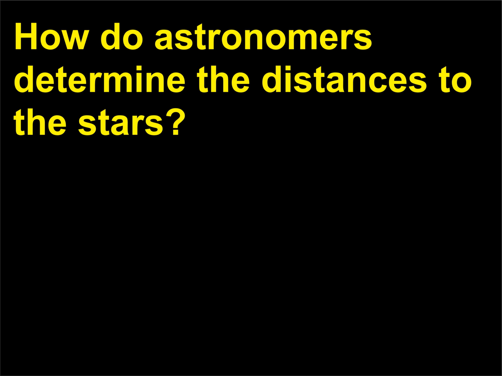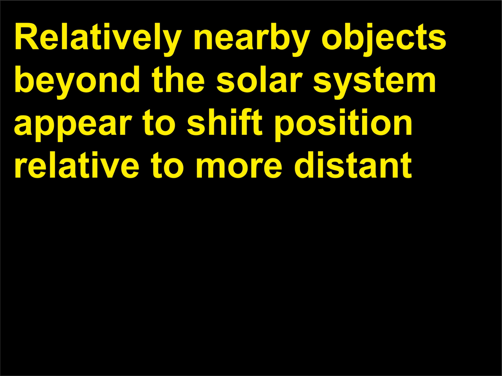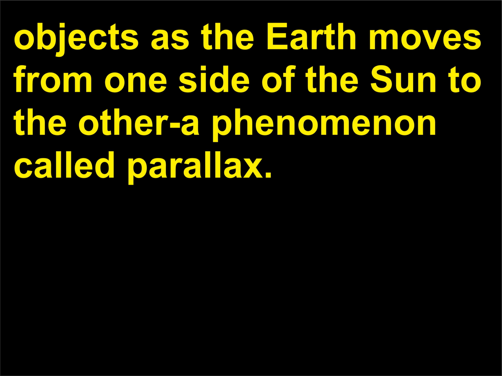How do astronomers determine the distances to the stars? Relatively nearby objects beyond the solar system appear to shift position relative to more distant objects as the Earth moves from one side of the Sun to the other, a phenomenon called parallax.